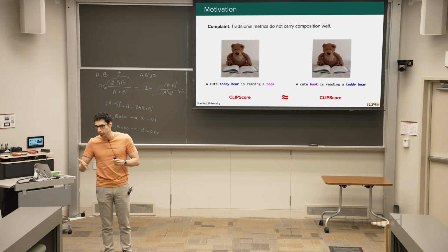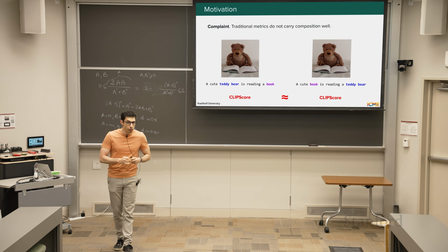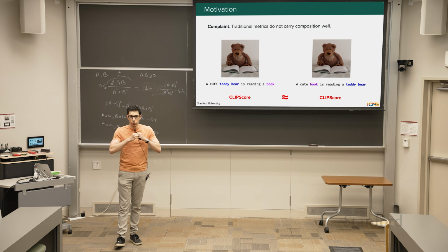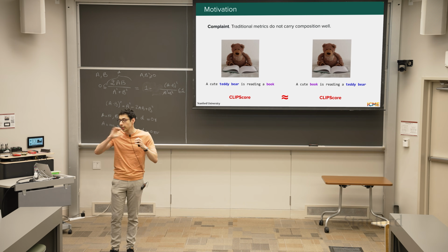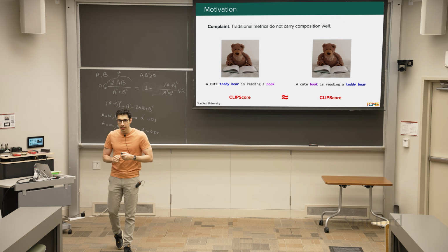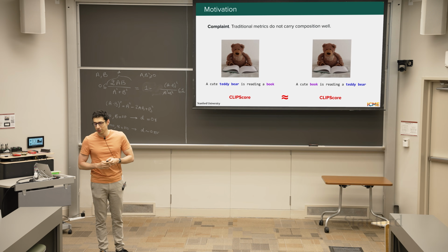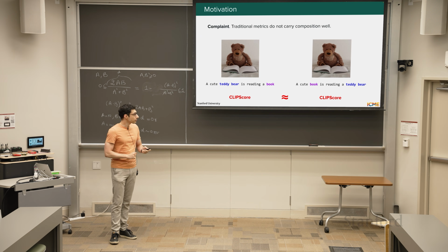But you have this concept of in-batch negatives that we saw at the time where we introduced CLIP, where you try to make the distance between images and prompts that have nothing to do with that image further apart. So you don't really have an incentive to learn these subtleties. And these are the two main reasons why CLIPScore is not that great.